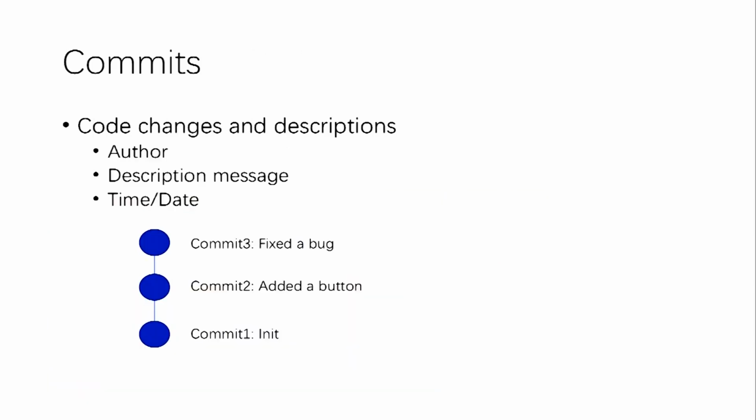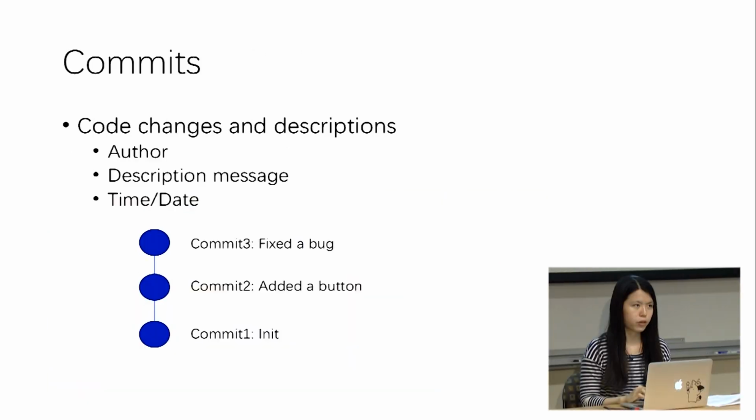Every batch of code changes is called a commit. A commit is a snapshot of all the code changes and also the description message. It has the author, description message, and also the time.